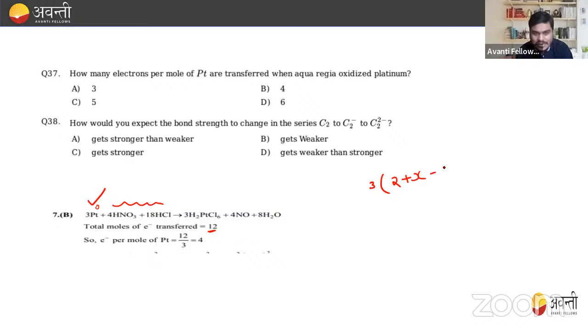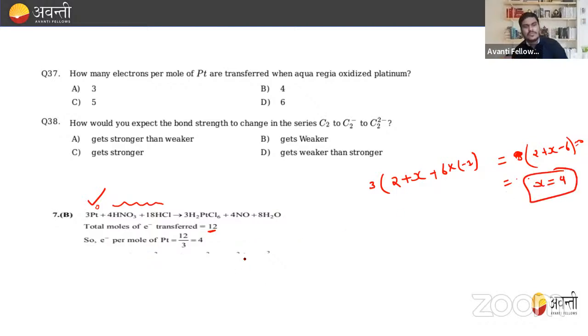Chlorine has -1, so 6 times -1 is -6. So this is 0 outside, and this is 2 plus X minus 6 equal to 0. If you put it equal to 0, then X comes out to be 6 minus 2, that is 4. So 1 mole has 4, right? We have how many moles of platinum, beta? 3 moles of platinum now.